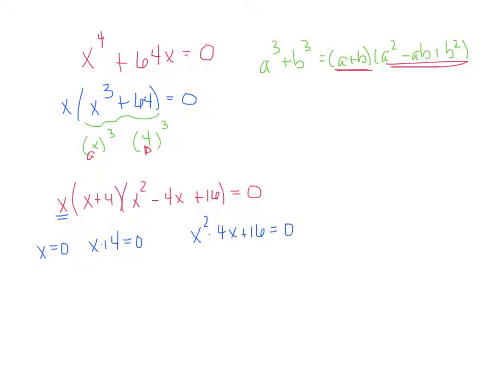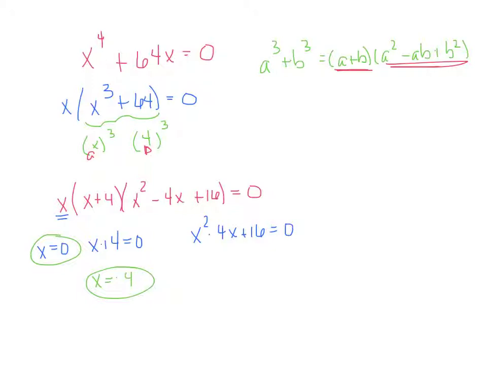And so x equals 0, already solved. X equals negative 4, really easy to solve. And this last one here, we're going to have to solve this trinomial. How can I solve this trinomial? It's not going to factor. It doesn't use square root property.